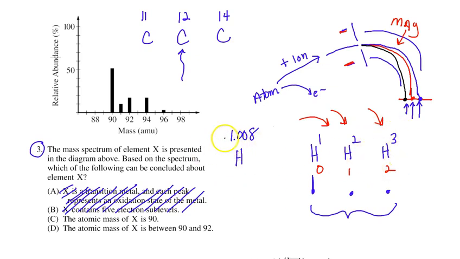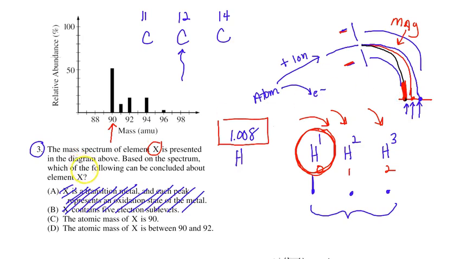But the bottom line here is that the overall mass of hydrogen is 1.008 because they average them together, and because the most abundant isotope, and there usually is one for an element, is usually the most abundant in nature. Just like for element X, we can see 90 is the most abundant. That would mean that this 90 hit the detector the most often.